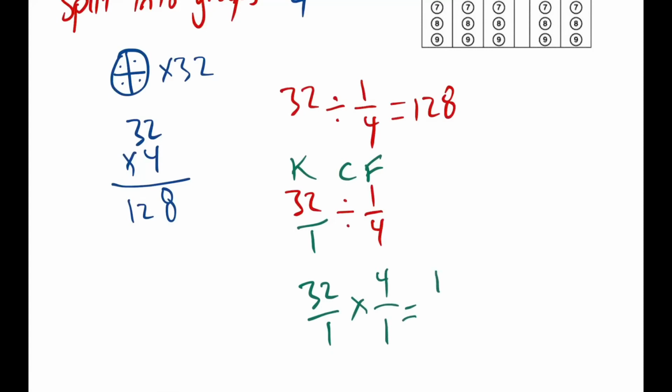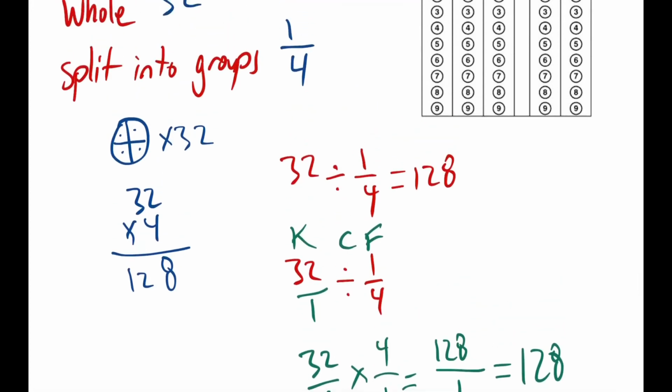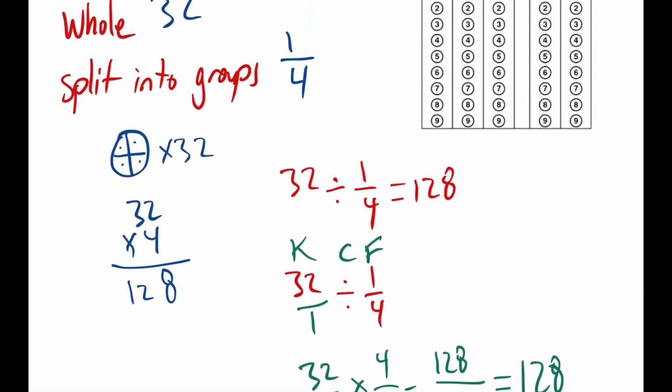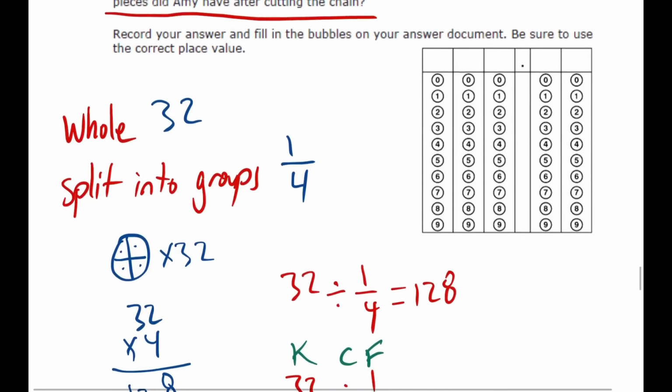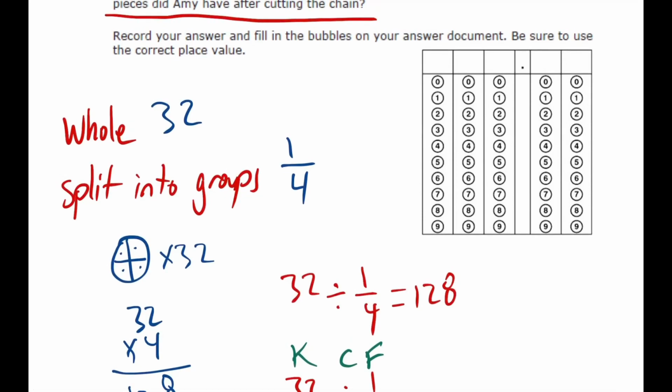And then 32 times 4 is 128, just multiplying across. 1 times 1 is 1, and then 128 divided by 1, or 128 wholes, is the same as 128. So we looked at 3 different ways, modeling it using my 5th grade strategy, and then also using the keep, change, flip, which becomes very powerful in 6th grade.